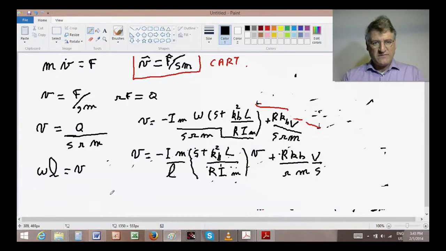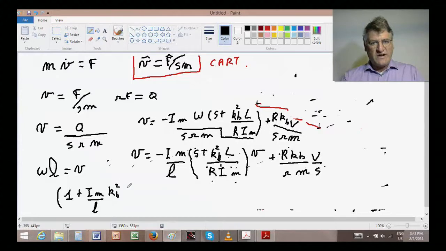terms to the left. And we obtain 1 plus Im over L times Kb squared L divided by Rim. So we have the same term here and there, which we will now erase.